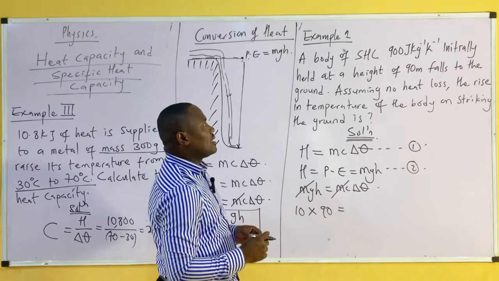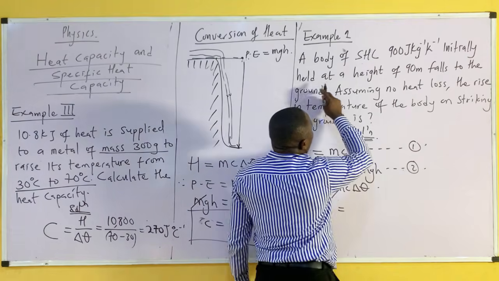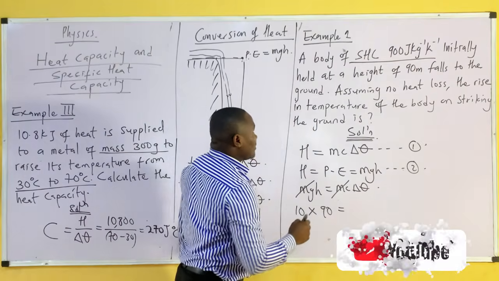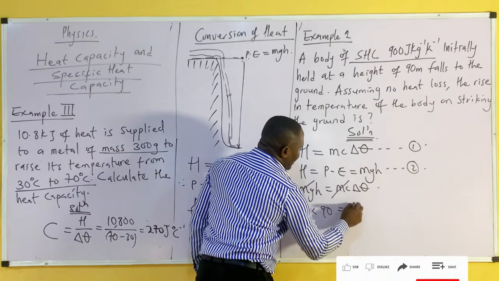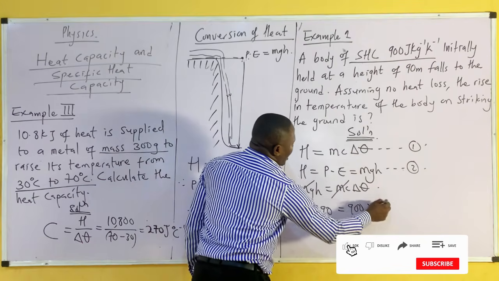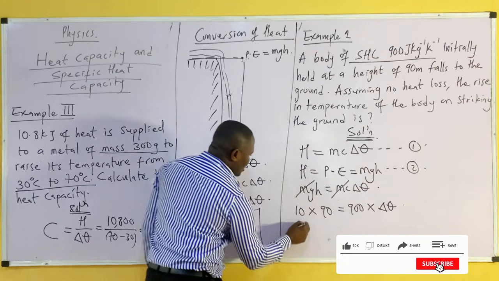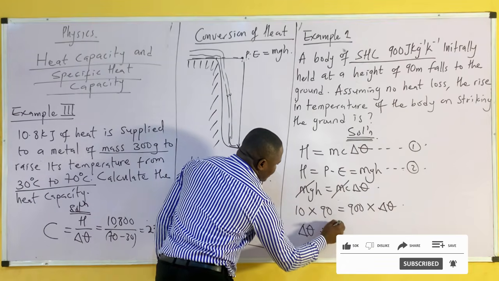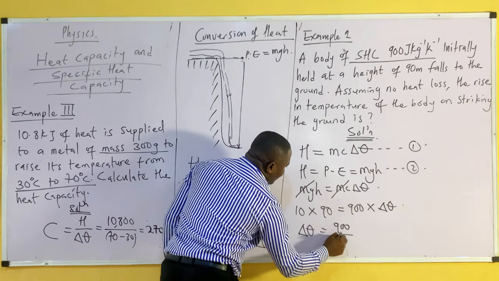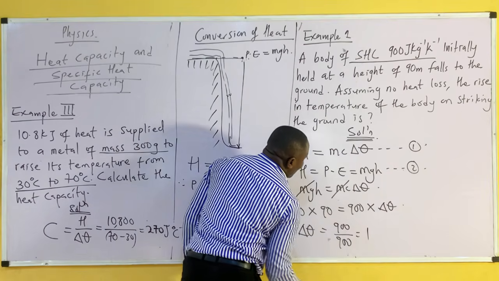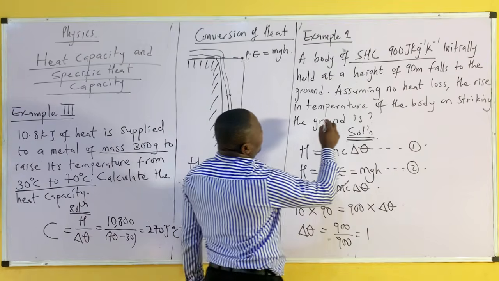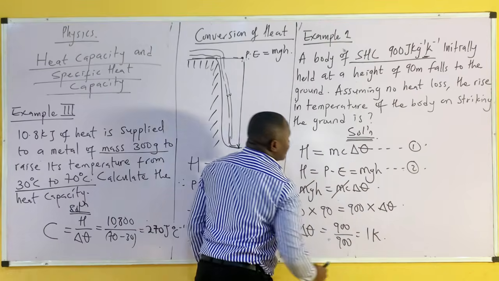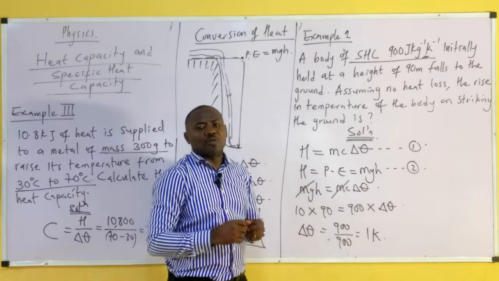They gave us our specific heat capacity to be 900 times our change in temperature. So what's our change in temperature? It is equal to 900 over 900. The answer is 1. Watch this. We're given it in Kelvin, so it becomes 1 Kelvin. That becomes the answer to this question.